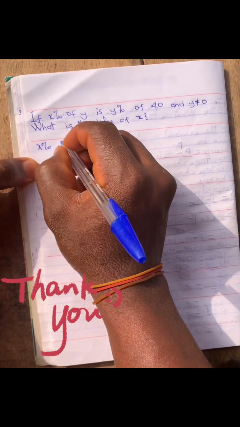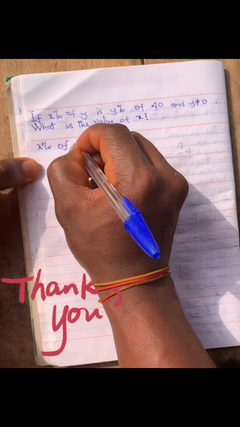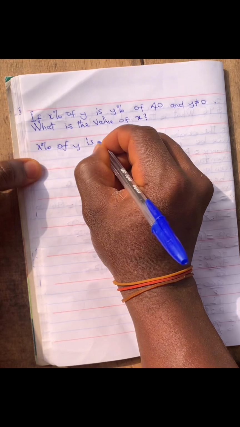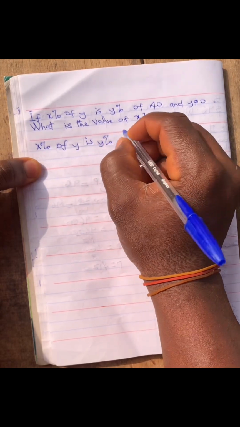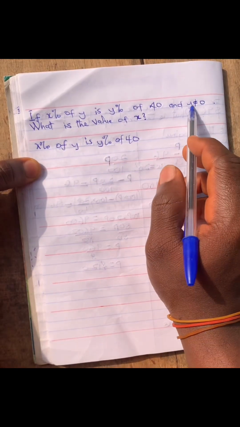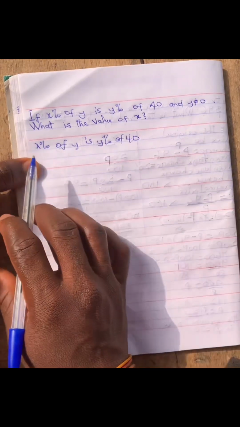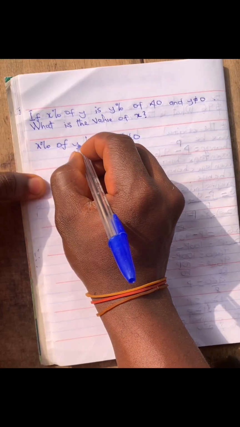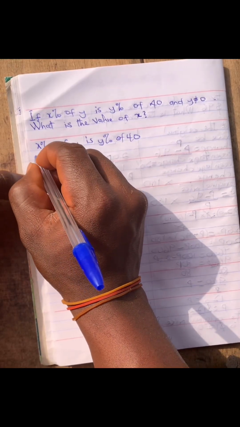X percent of y is y percent of 40. The condition is y is not equal to 0. Okay, let's move on. So x percent of y is what?